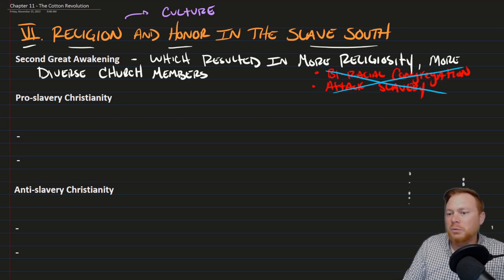And instead, what we find is a type of Christianity that does more to defend slavery than it does to attack it. The congregations become more segregated as time goes on.